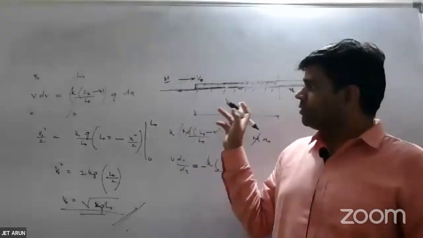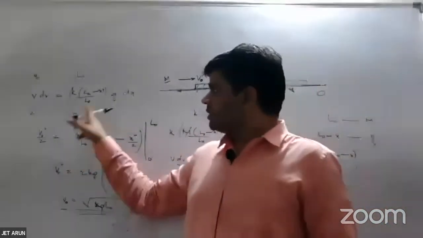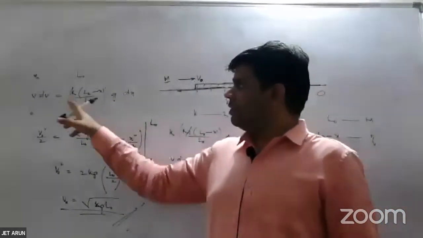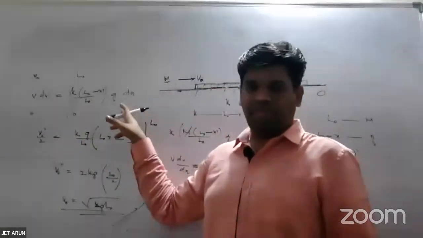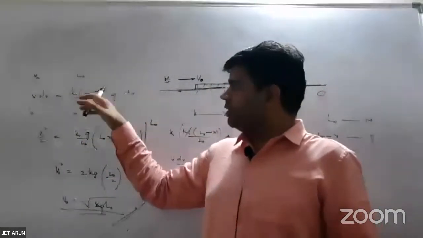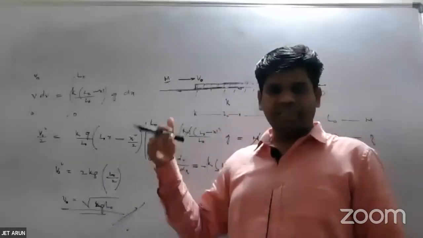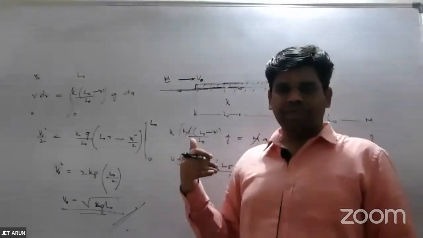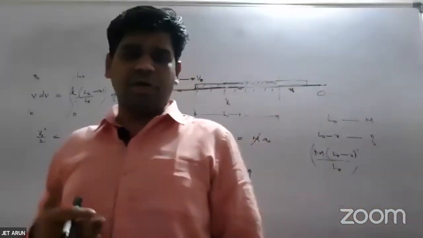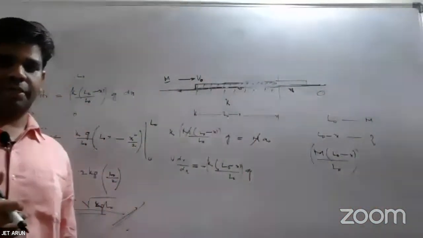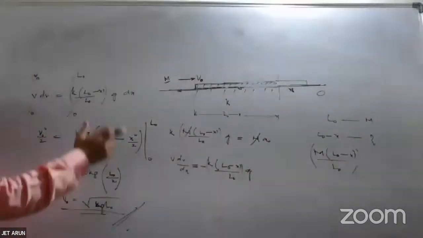Now we found v as a function of x, like we have written v dv by dx and I've written a is equal to a. So I'm integrating v dv and a dx. But then once we have v, we'll write dx by dt and we'll get x as a function of t. If we differentiate that, we'll get v as a function of t. So we'll get it as a function of t and we'll see how that is even more interesting. Then you will understand why both come out the same.